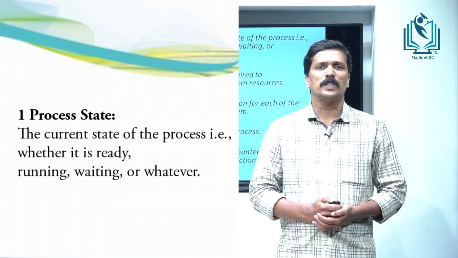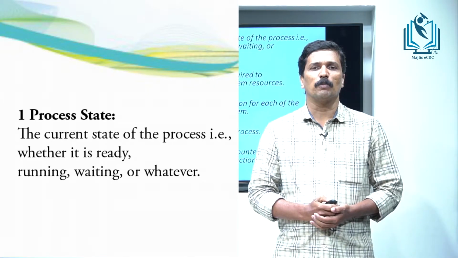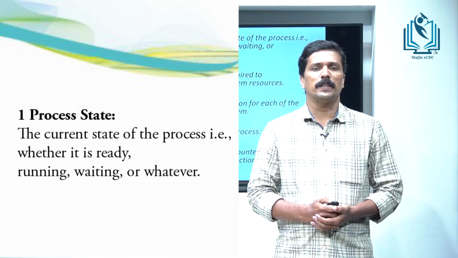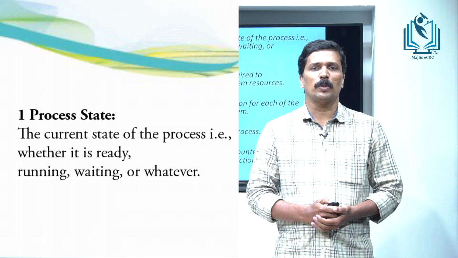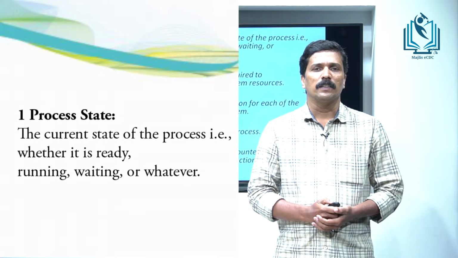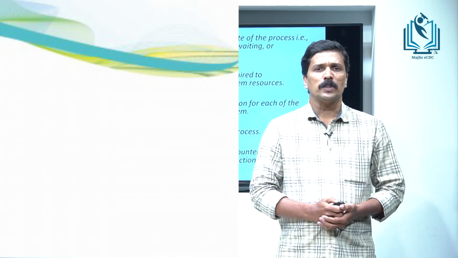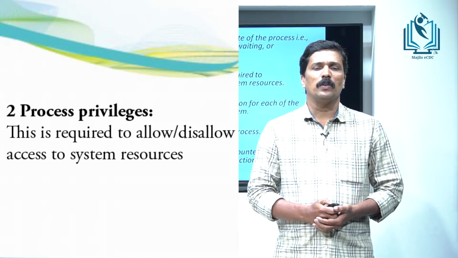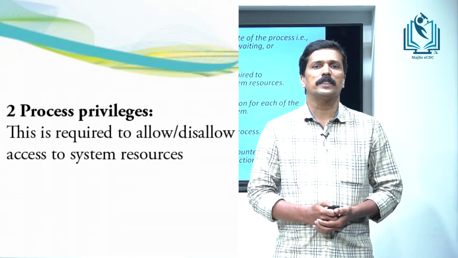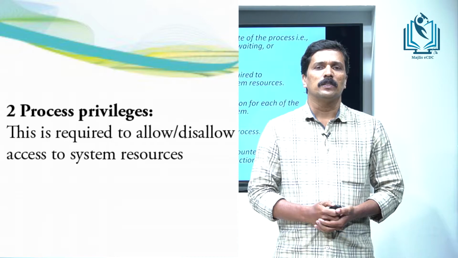Here, process state is an information in the process control block. Process state means it stores the state of a process, whether it is in running state, waiting state or ready state, etc. Process privilege means this provides allow or disallow to access various resources to the system.